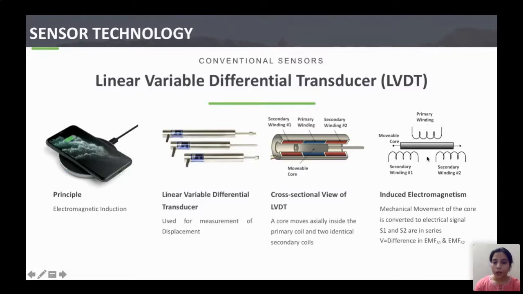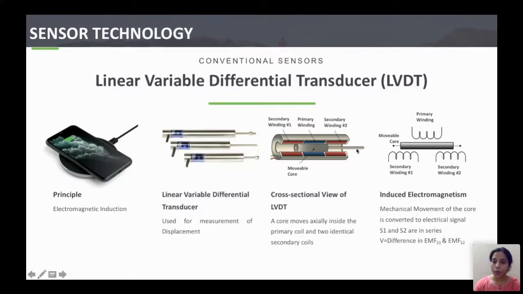And to understand the principle, this is how it will look. You apply AC supply to the primary winding, so it will generate the magnetic flux. Since these are the two secondary windings, the resultant induced EMF will get generated in the secondary windings.